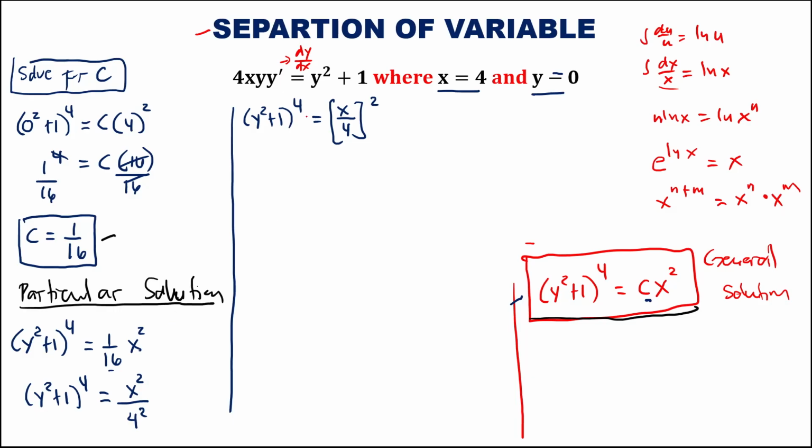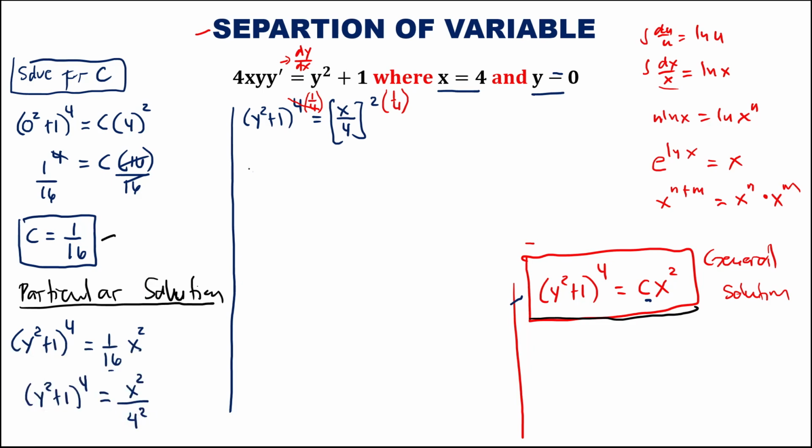So to solve for y, since the exponent is 4, we need to multiply both sides by the exponent 1 over 4. Multiply 1 over 4, so we can cancel now this 4.